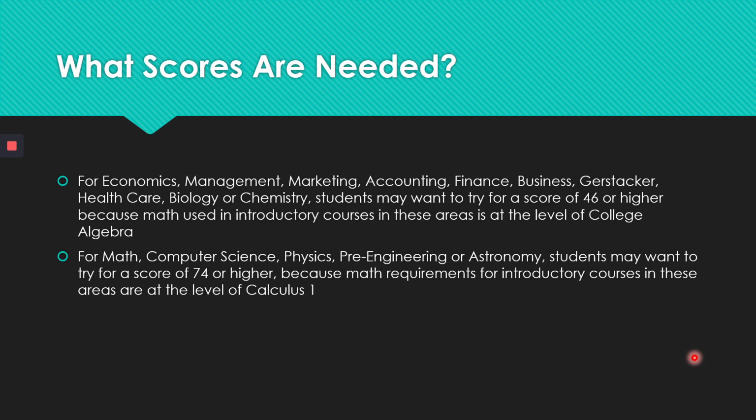Whereas if your student is interested in an area that is going to use calculus type concepts, then you want to have them test at least 74. If you do look on the Math Placement website, there's a detailed list of what is required in terms of the math for each of the different majors on campus.